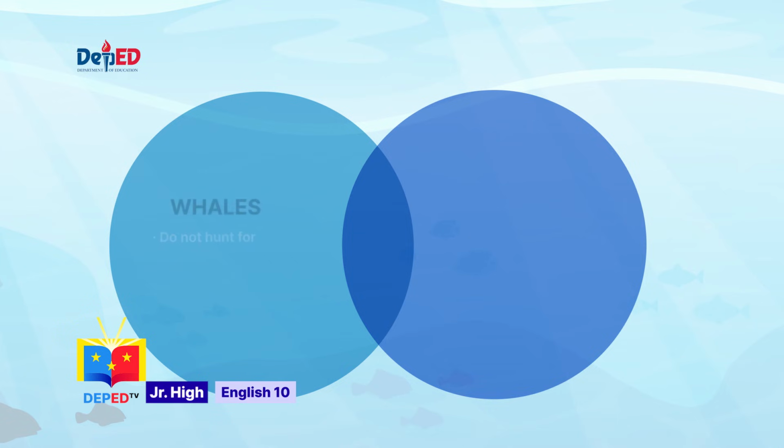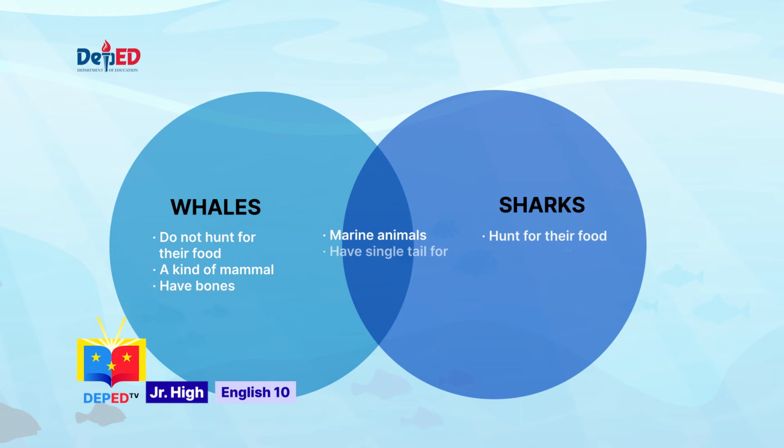Now, let's check. The characteristics of whales are: do not hunt for their food, a kind of mammal, and have bones. While sharks hunt for their food, a kind of fish, and have cartilages.